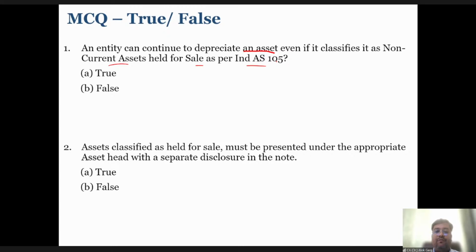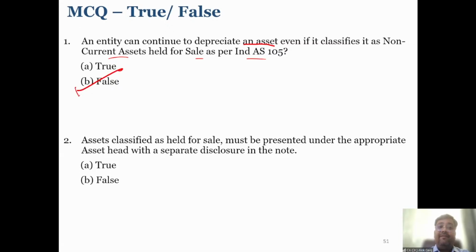Tell me, true or false? Everyone is saying false. Yes, you're right. If you would have said that it is true, I would start the lecture again.